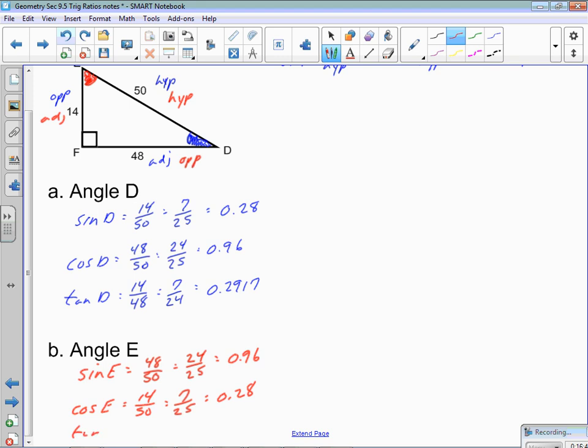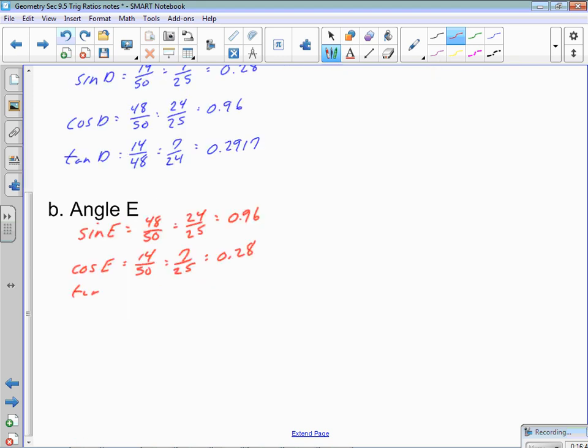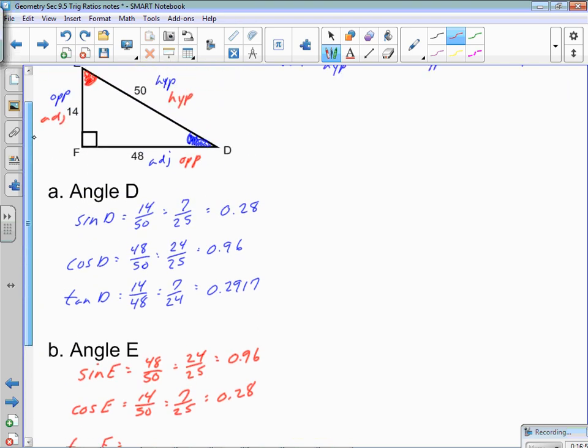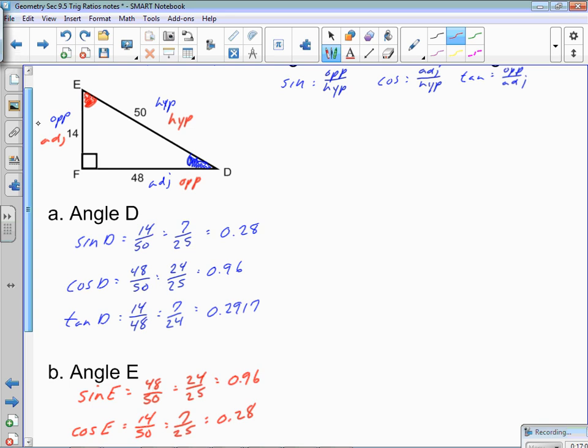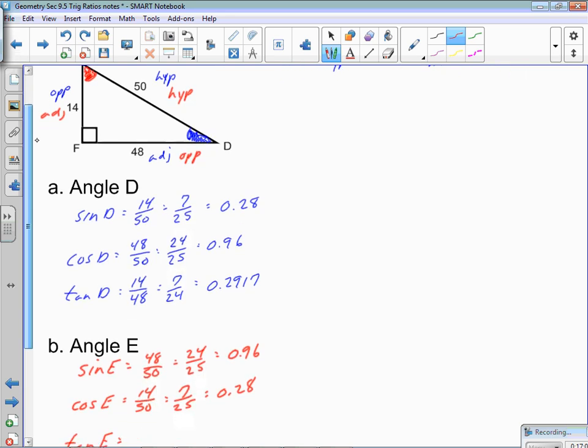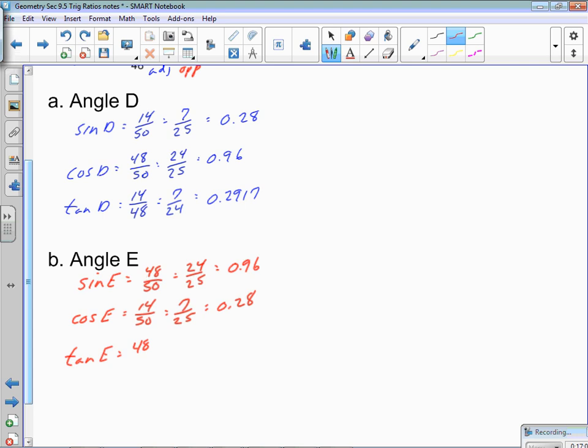And the tangent of E is going to be the opposite over adjacent, 48 over 14, or 24/7, which will come out to be 3.4286.